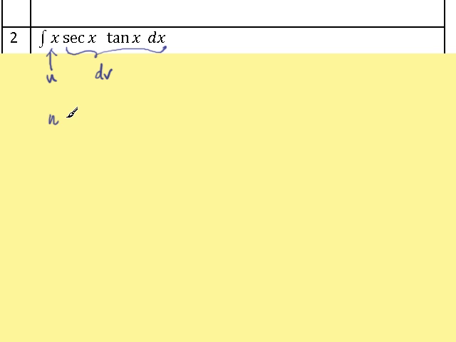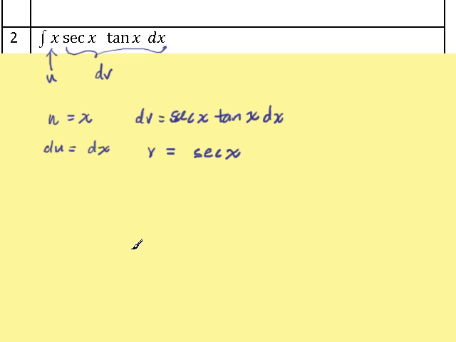So form our table. u is equal to x and du is dx. dv is equal to secant x tangent x dx, so we can integrate this since that's an exact derivative. So that's the derivative of secant x. So v is equal to secant x.